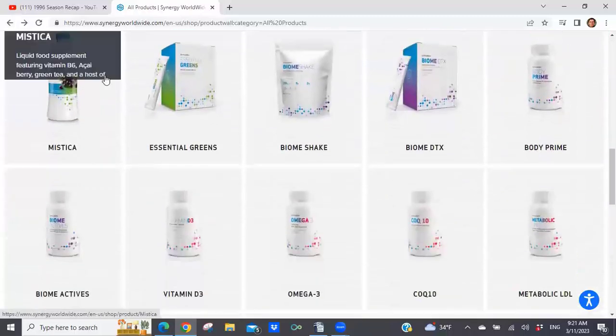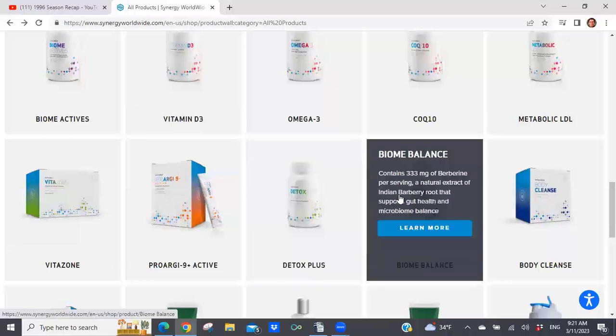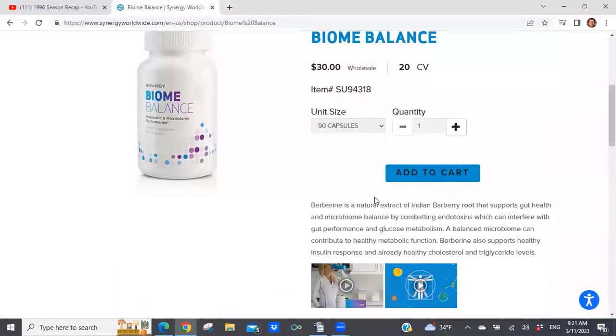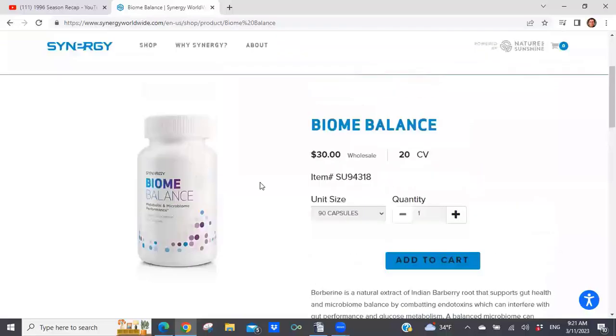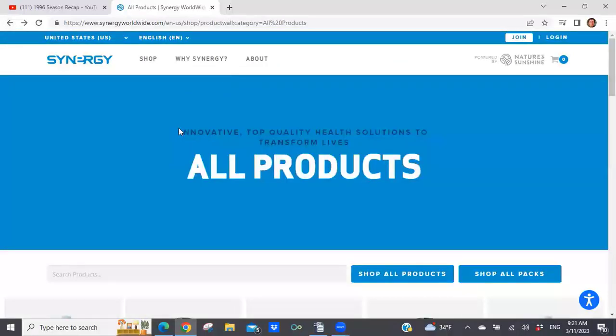And then as we go down through here, there are other things that you can do, like I use this Biome Balance because it contains what's called berberine, and that helps my digestive process, similar to what Emma does, but Emma has other ingredients that really help in the digestive process.